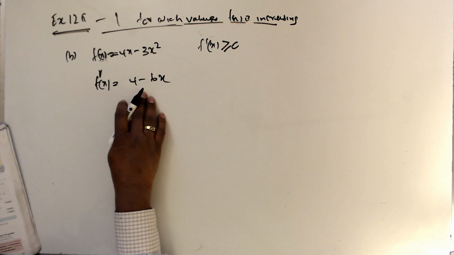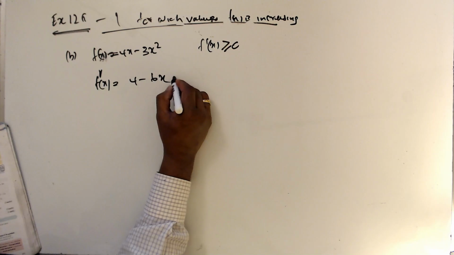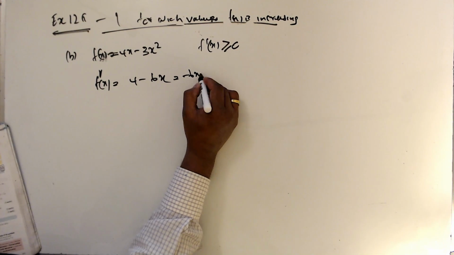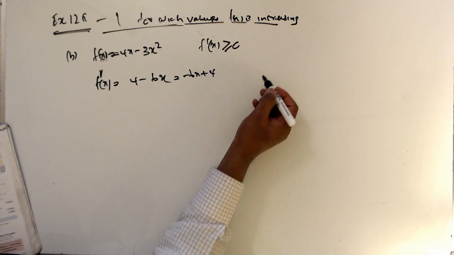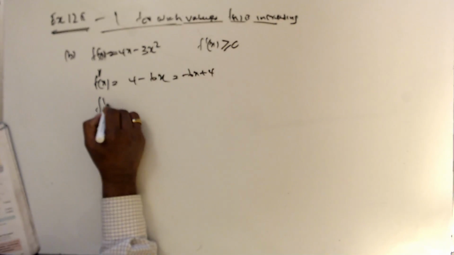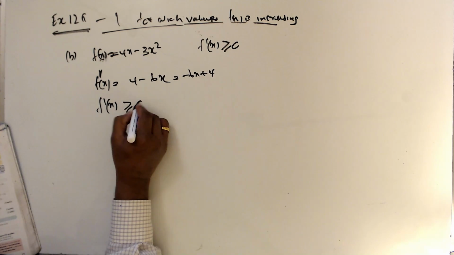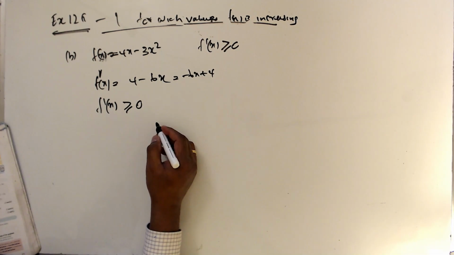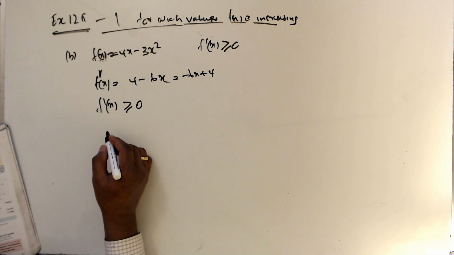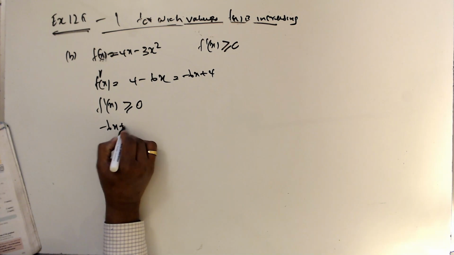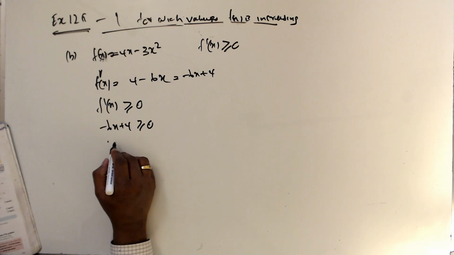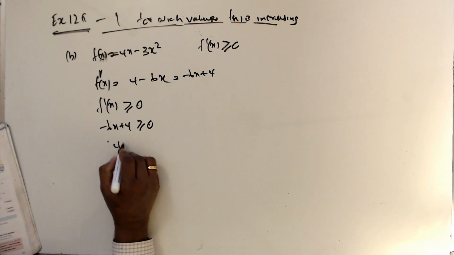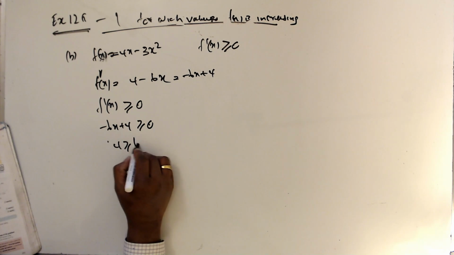So this is the behavior of f'(x). This is a line with a negative gradient. So f'(x) greater than or equal to 0 is required: 4 minus 6x greater than or equal to 0. So 4 is greater than or equal to 6x.